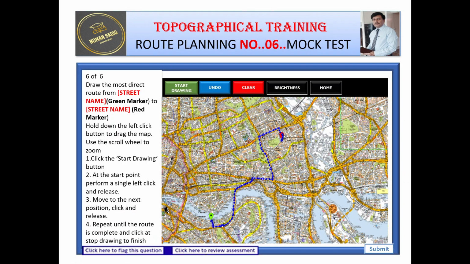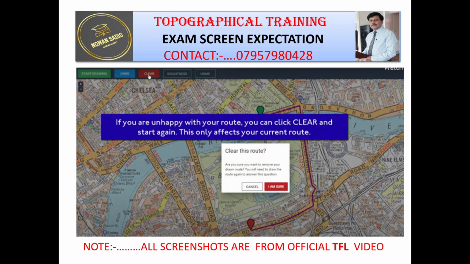So here is your screen. Suppose you have completed your route, but you are unhappy with it and you want to delete it, then you simply press this clear button. But when you press this button, there will be a pop-up message, clear this route.